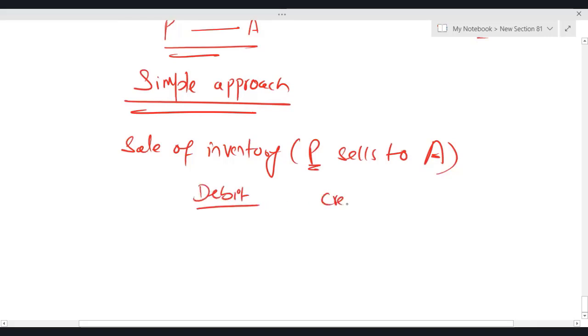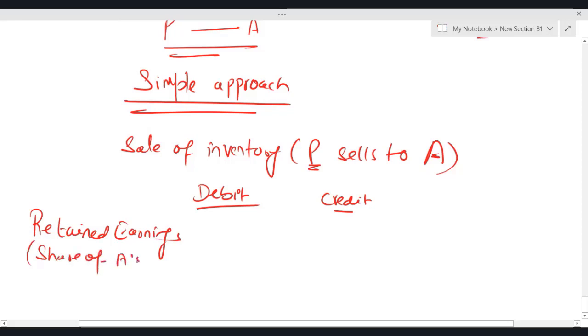In debit and credit, we will debit retained earnings, or you can say group reserves, whatever you say, obviously with the parent's share of the associate's profit.